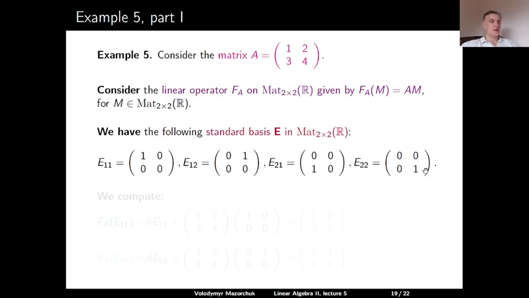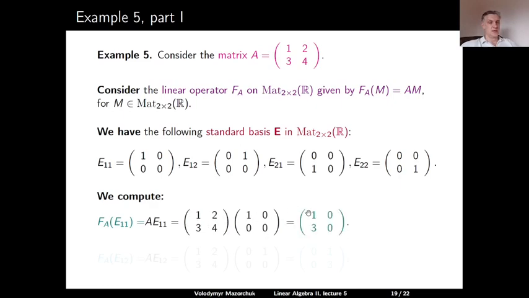So let us compute the images of these matrices under f sub A. So f sub A applied to E1,1 is equal to A times E1,1, which is the product of 1, 2, 3, 4 times 1, 0, 0, 0, and this is 1, 0, 3, 0. f sub A of E1,2 is equal to A E1,2, so this is the matrix A times the matrix E1,2, and this is equal to the matrix 0, 1, 0, 3.